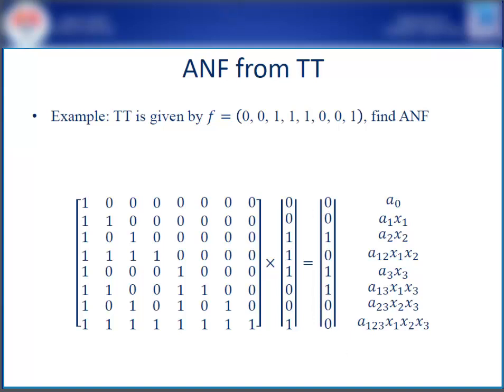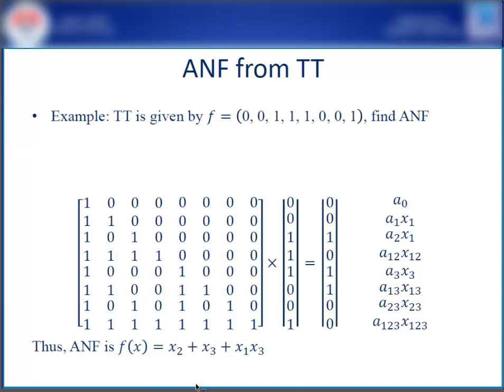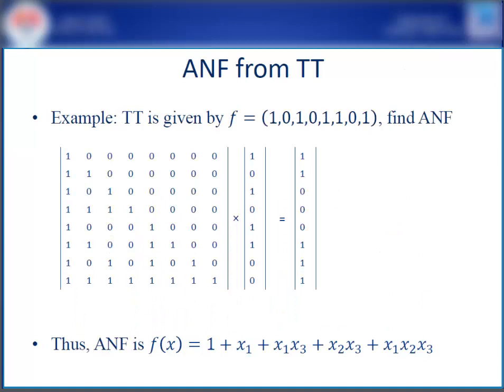Thus, the algebraic normal form of the Boolean function is defined as x2 plus x3 plus x1 multiplied by x3, since only these coefficients are equal to 1. Other coefficients are equal to 0, so the other terms are going to be cancelled because multiplication by 0 will give us 0. This is another example.